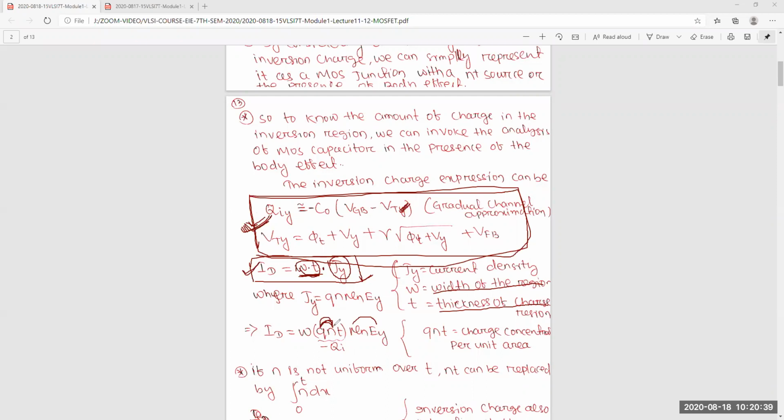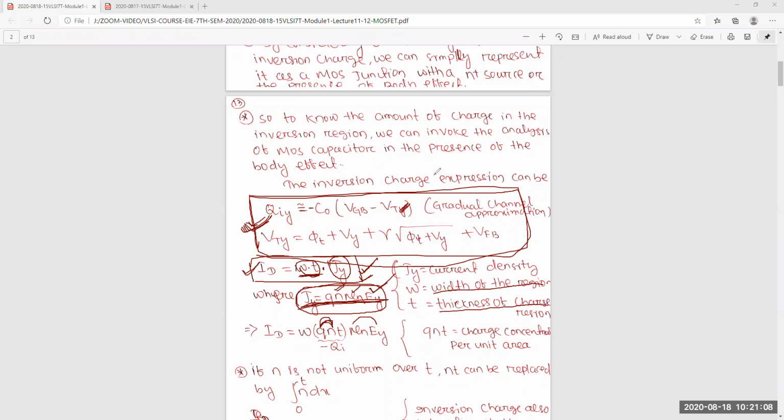So already we have discussed three equations. This part is the continuity equation, and this is your drift current, the drift current due to electrons. This is the charge, the number of charges, this is the mobility of the charge, and this is the electric field. This is the transport equation we are using.